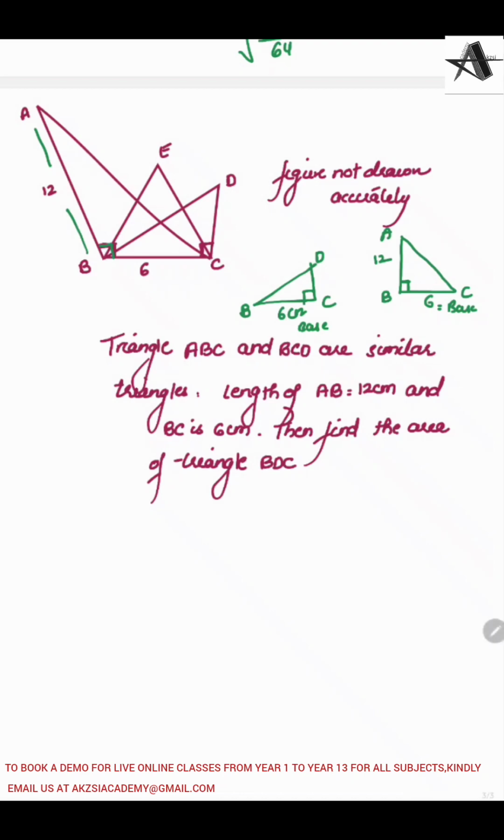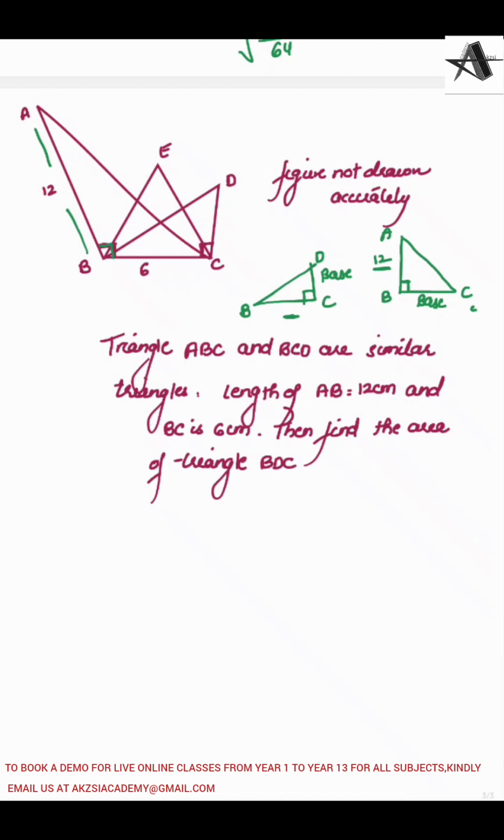So if 6 centimeters is the base of this triangle, then DC will be the base. And if AB is the perpendicular or height, then BC will be the height. See, I'm just repeating again, maybe it's confusing to you.